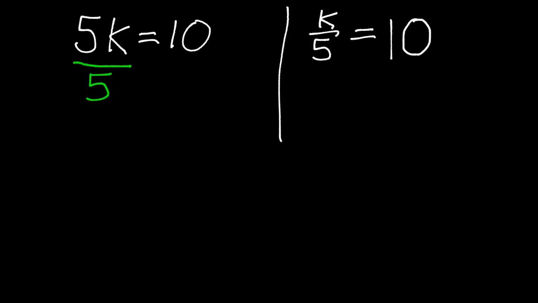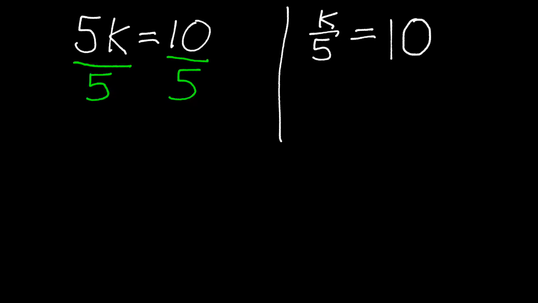It's important to remember, if I divide the left side by 5, I also have to divide the right side by 5. Whatever you do to one side, you have to do to the other. So, I have here 5 divided by 5. 5 divided by 5 is 1.